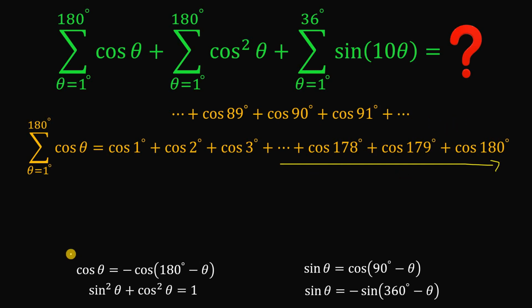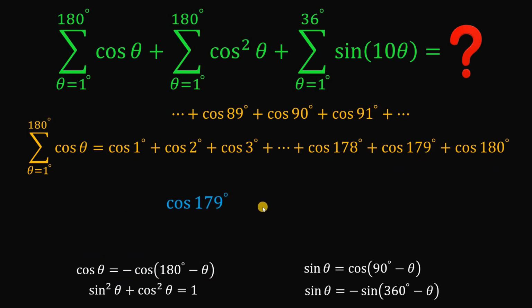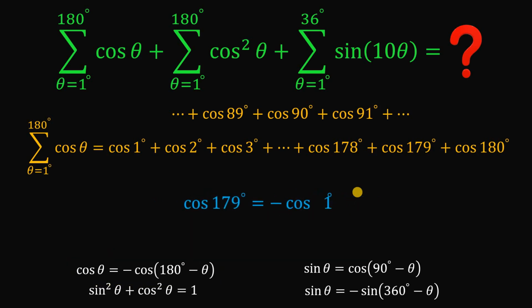Alright. Now at this point, we will use one of the hints, which says that cosine theta must be equal to negative cosine of 180 degrees minus theta. Now let's get cosine of 179 degrees. What is the equivalent value of cosine of 179 degrees? This is equivalent to negative cosine of 180 degrees minus 179 degrees, and 180 degrees minus 179 degrees gives us 1 degree.